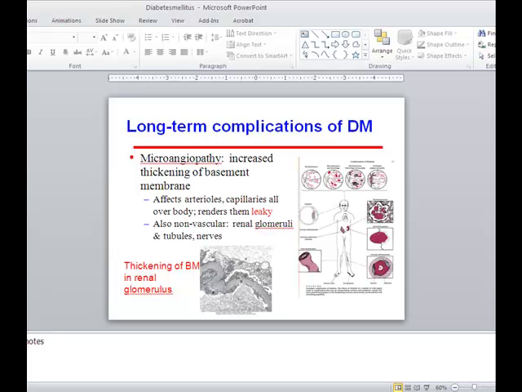So the basement membrane thickens, so the blood vessel wall thickens, the lumen gets smaller, so there is less blood being delivered to the tissue. At the same time, the capillaries become very leaky. The endothelial cell junctions, the tight junctions, are also affected. So not only do the blood vessel walls become thicker and carry less blood, but these vessels are also getting very leaky.